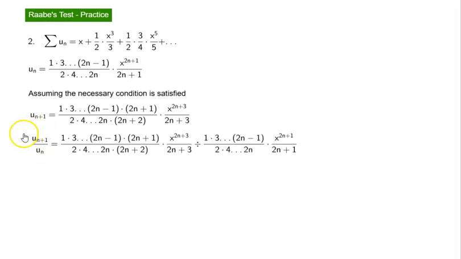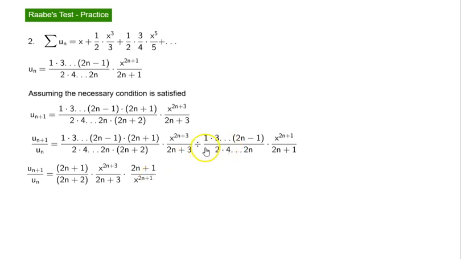So taking the ratio u sub n plus 1 by u sub n, converting this to multiplication by taking the reciprocal and simplifying, we end up with 2n plus 1 by 2n plus 2 times x to the power of 2n plus 3 divided by 2n plus 3, times 2n plus 1 by x to the power of 2n plus 1.